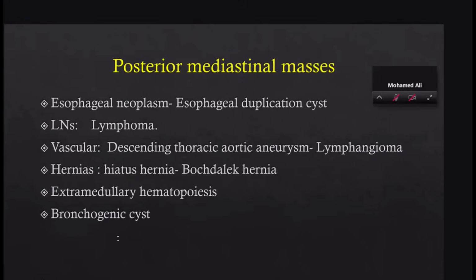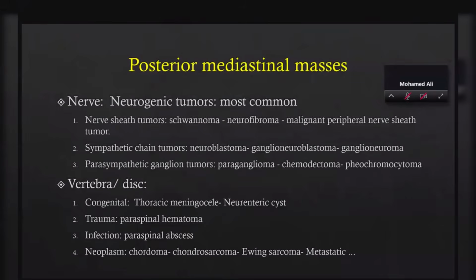We also mentioned the posterior mediastinal masses, esophageal. Once we have a posterior mediastinal mass, it's easy to memorize. You will ask yourself first, what are the normal structures present in the posterior mediastinum? First, the nerves, neurogenic tumors. This is the most common.